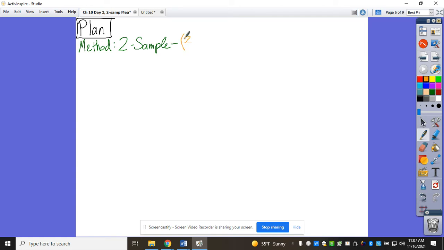It can either be Z or T. What word for today? Interval, or difference in means.